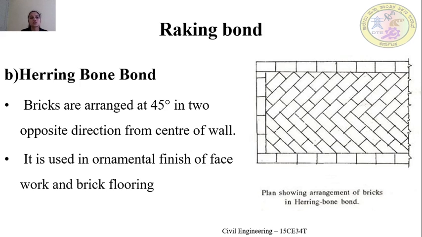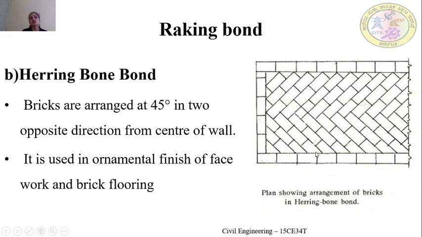Okay, next type of bond is the herringbone bond. What is herringbone bond? It is one of the types of raking bond. Here the bricks are arranged at 45-degree in two opposite directions. In diagonal bond, the bricks were arranged in a single direction, only in one direction.